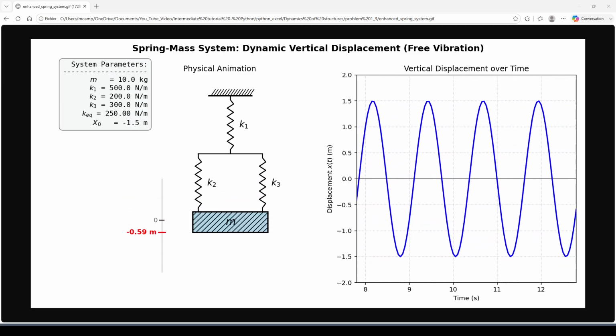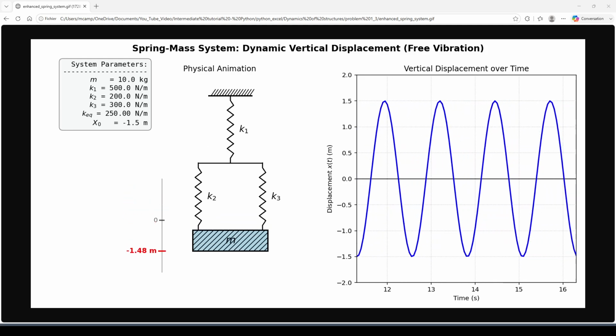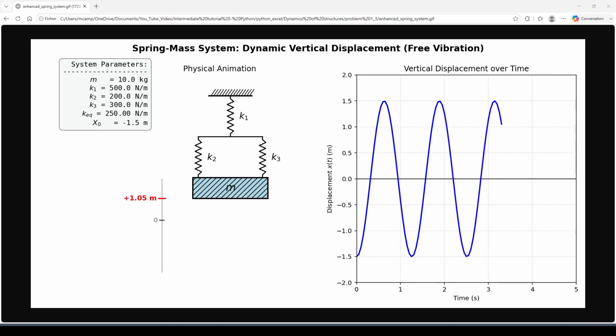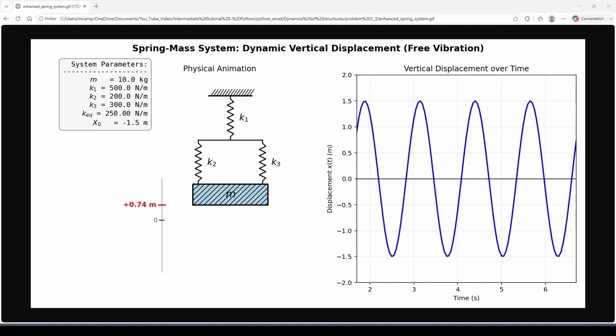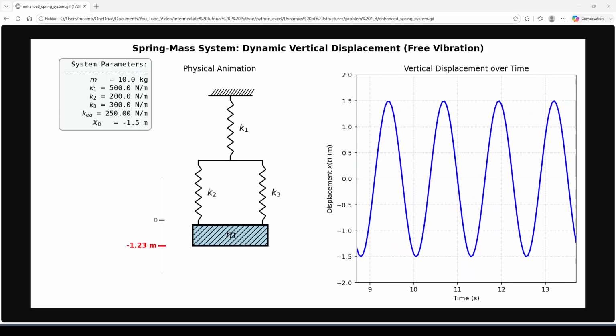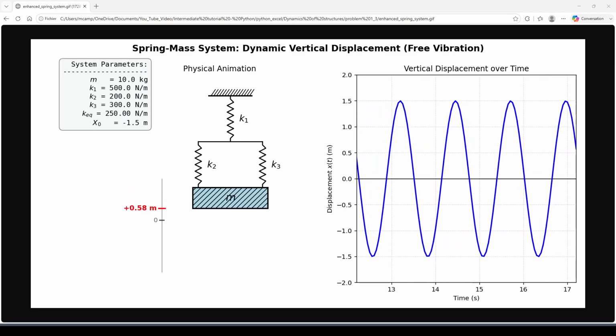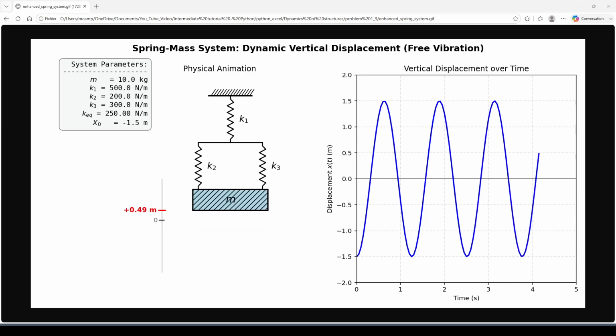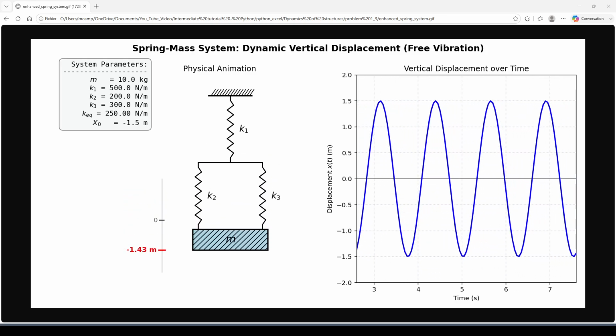So this is the static value. Here is the input of the system parameters, and after we can see the vertical displacement in time, how it moves.